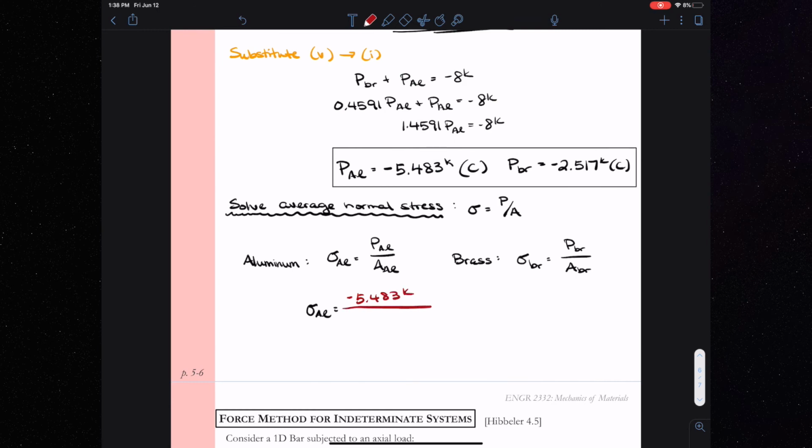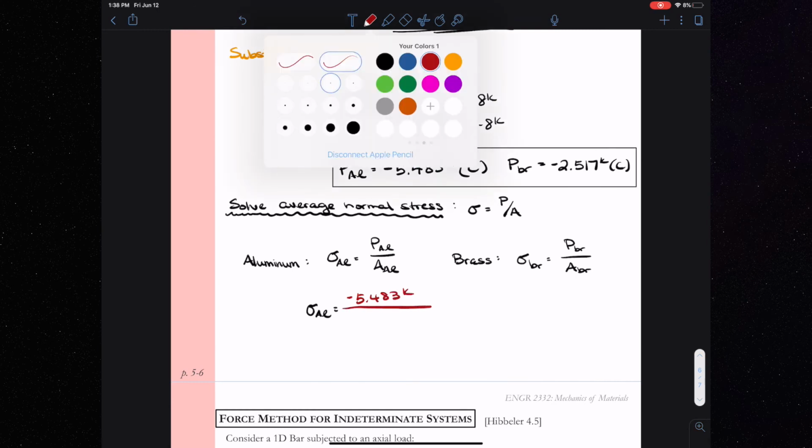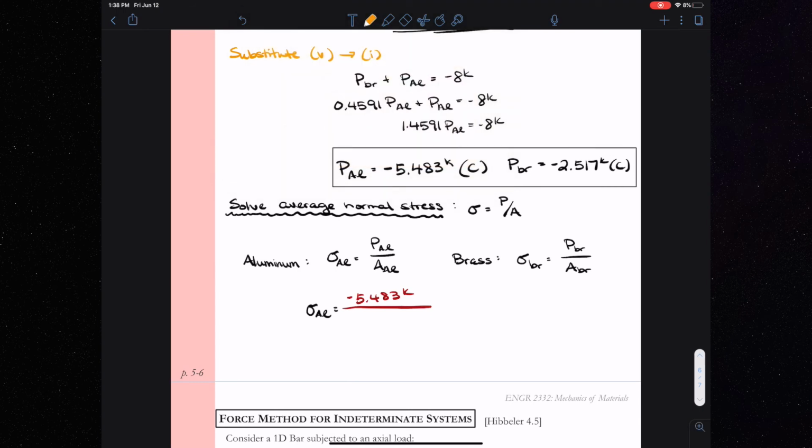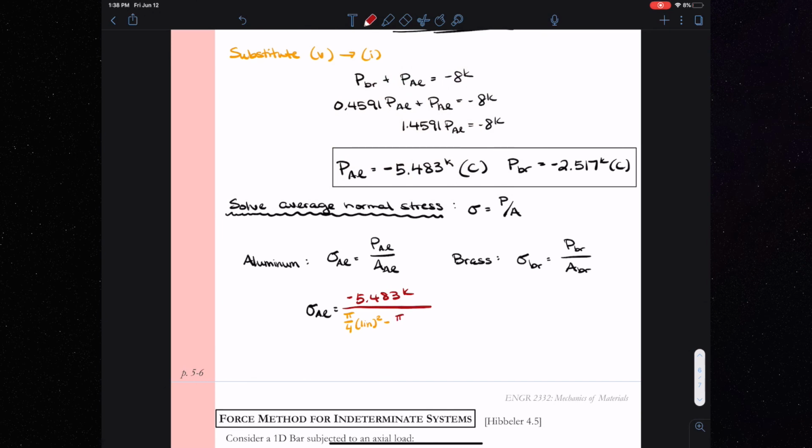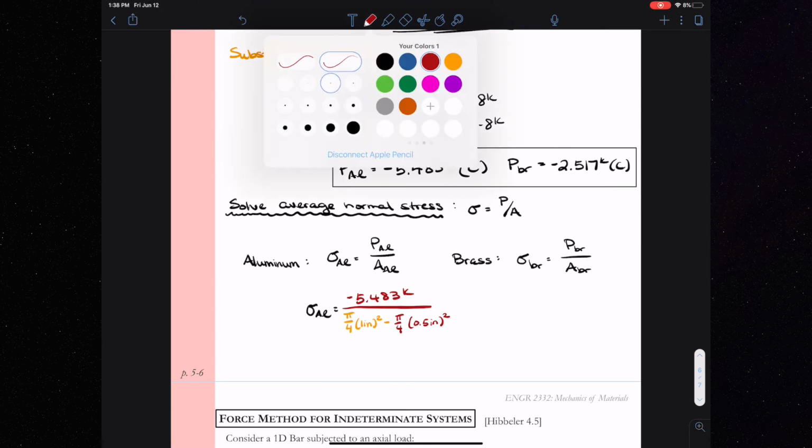Then I have to use the area for my aluminum shell. Again, remember that when calculating the area for the aluminum shell, you have to take the area of the outside circle and then subtract out the area for that inner brass core, that inner circle.